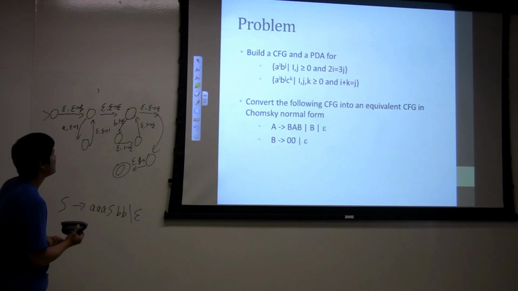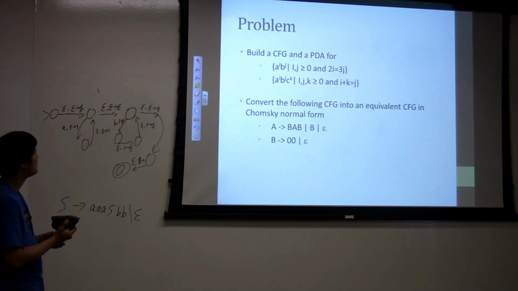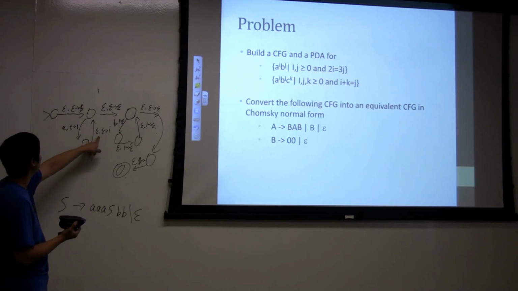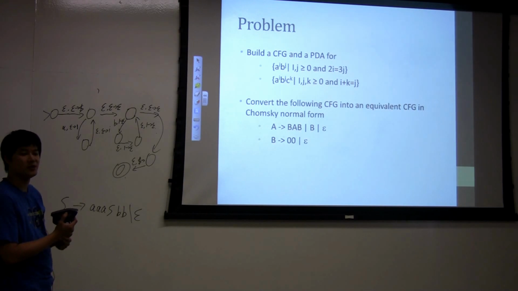You had to consider reading an A symbol each time, to make sure it's an A before you put 1 on the stack. No, because by writing an A here, we would be forced to consume another A, which is not what we want.